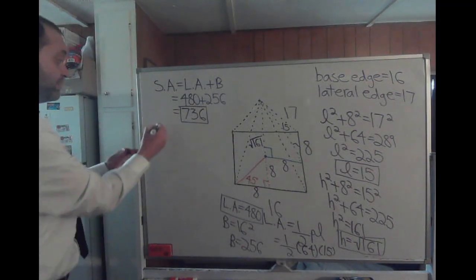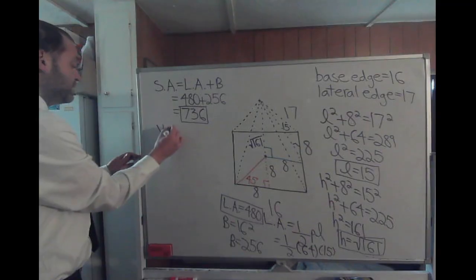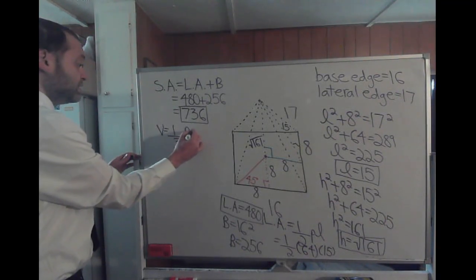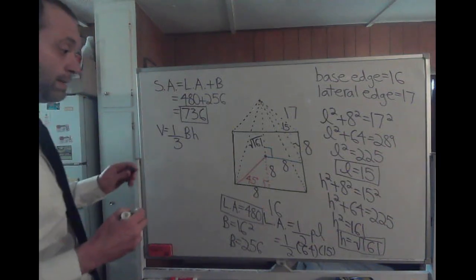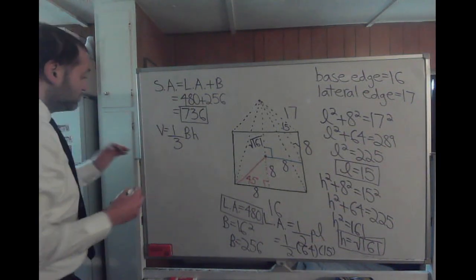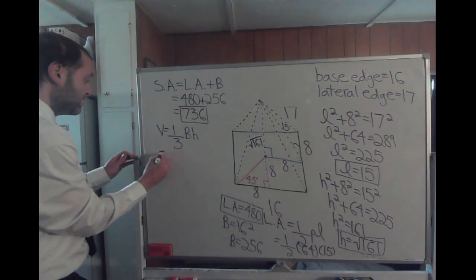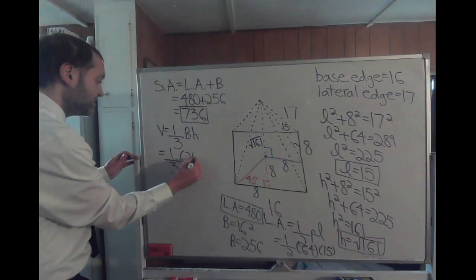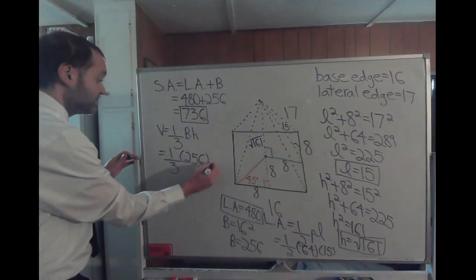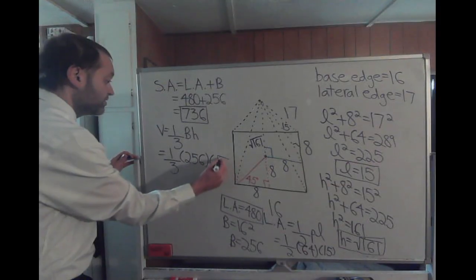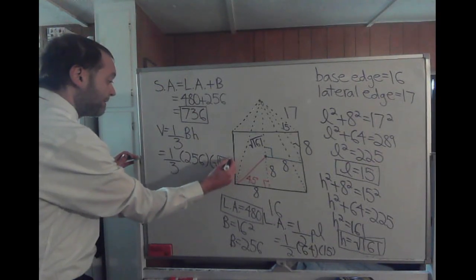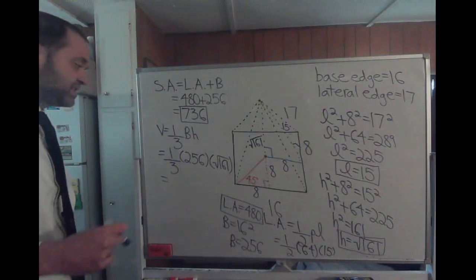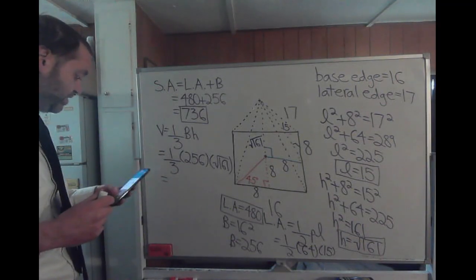So now I can find the volume. The volume equals a third of the area of the base times the height of the pyramid. Ooh, this is going to be ugly. So that's going to equal a third of 256 times the height, which is the square root of 161. Which I do believe 256 divides by 3. I just want to double check my work there.